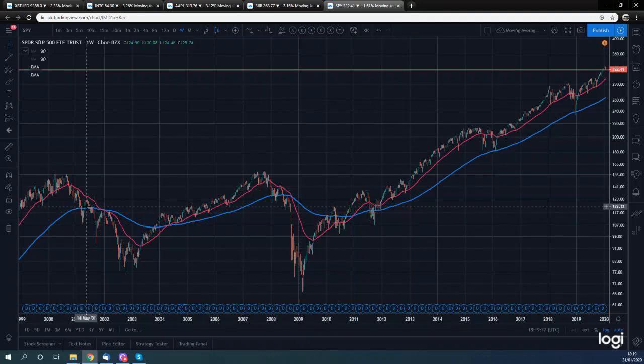So what you see here, when the shorter period, the 50 period, crosses under the 200 period or 200-week moving average, that is what's called a death cross. It is called a death cross when it is the 50 crossing the 200. If you've got the 50 period crossing the 100 period, you can call that a bearish cross.